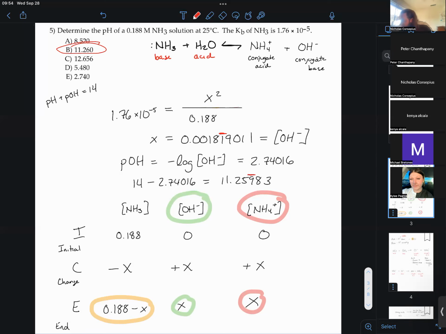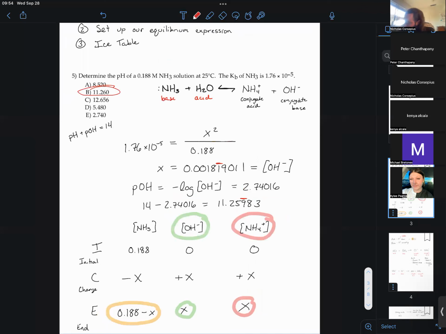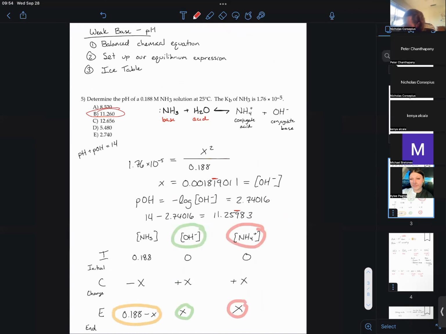Okay, so we have this procedure that we're going to have to do for our weak bases. It's very similar to our weak acids. We're going to first set up our balanced chemical equation. We're going to set up our equilibrium expression. We're then going to do our ICE table so we know what to plug into that equilibrium expression.